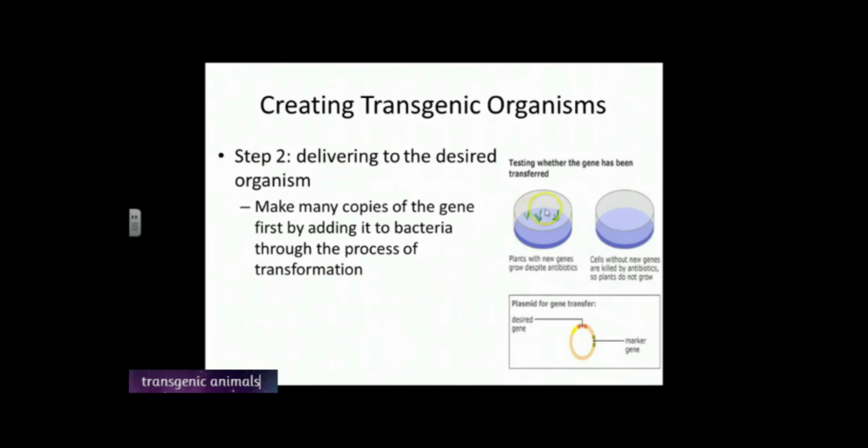So then we are going to take these bacteria and we are going to infect whatever organism we are trying to put the gene into. So we are going to infect a human here with these bacteria so that they will deliver this gene for large hands to the humans. Now if the bacteria doesn't survive, it's because they didn't get the resistance gene and they didn't get the gene for large hands.